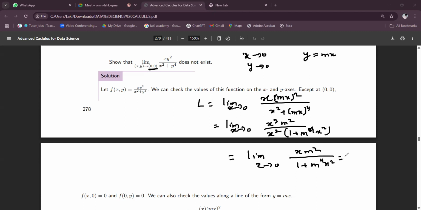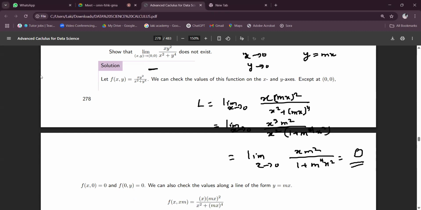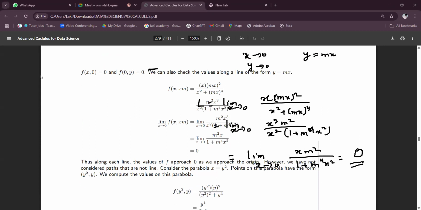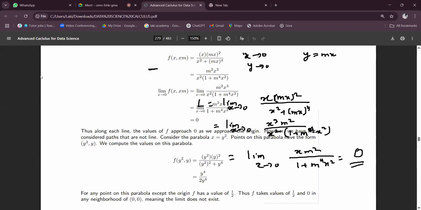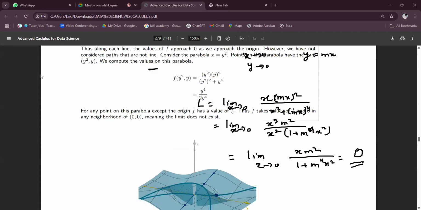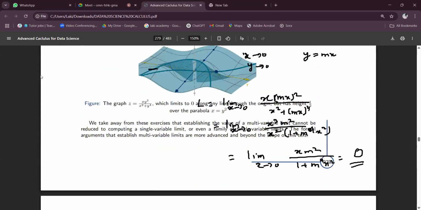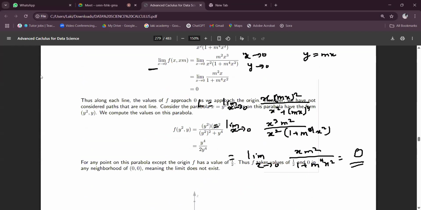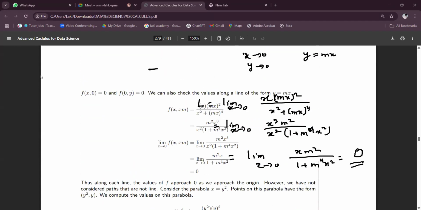On putting x = 0, you will get 0, right? But what time do we represent a function with two inputs? That is multivariate.